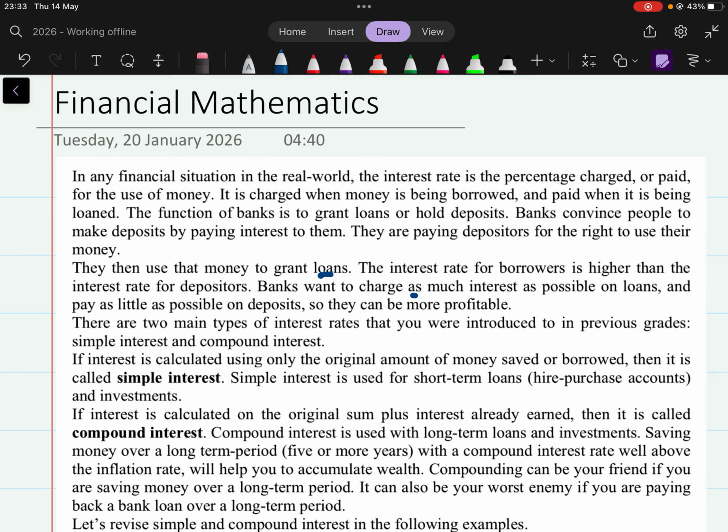There are two main types of interest rates that you were introduced to in previous grades: simple and compound interest. If the interest is calculated using only the original amount of money saved or borrowed, then it is called simple interest. Simple interest is used for short-term loans, hire purchase accounts, and investments.